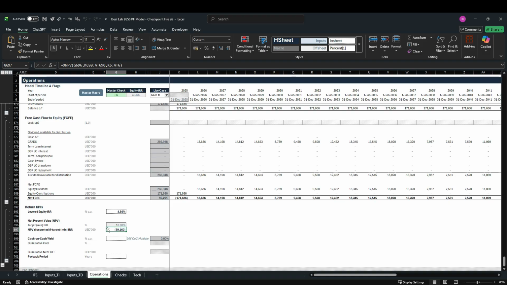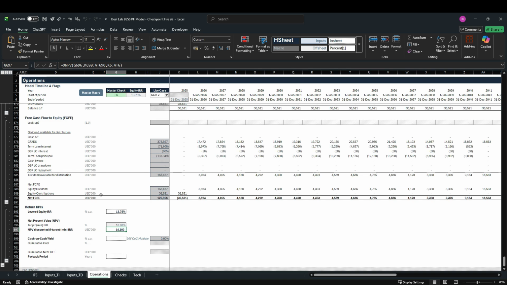So from today's perspective, we're pretty much destroying $59 million if we assume that our equity investor would require a minimum return of 10%. Then let's move back to case 2, which is our more profitable case.